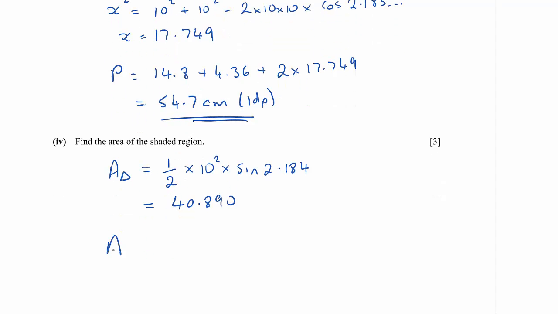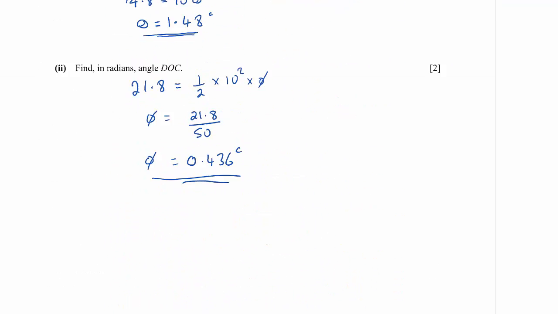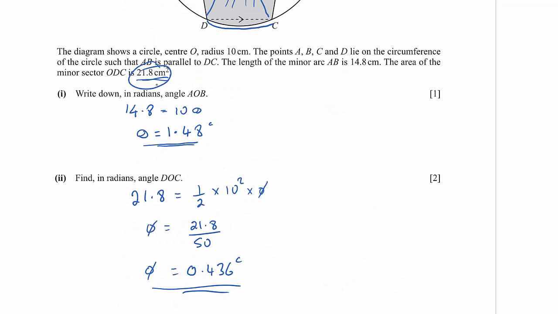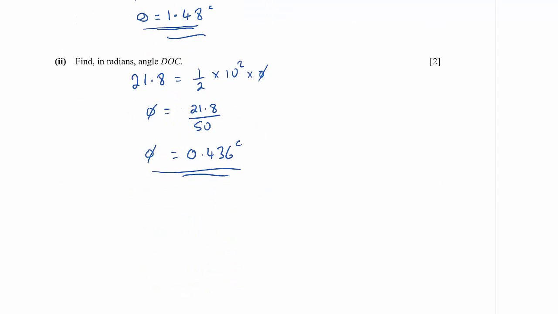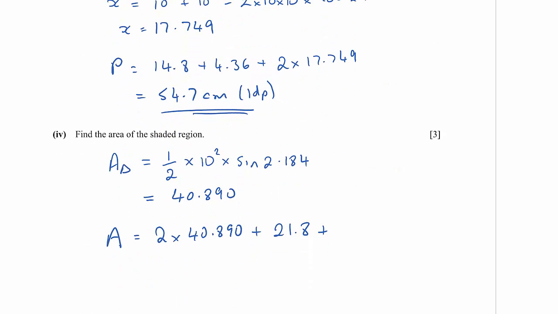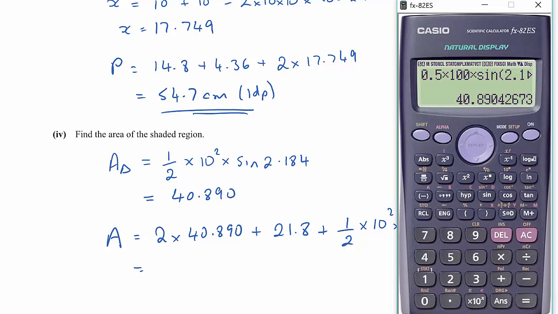And so the area we want is going to be 2 of those, plus the sector that we were given in the first place, which I believe was 21.8. I'll go and check that in a second. So here we are, 21.8. And then the other sector has an angle of 1.48. So we can use a half r squared theta. And so we can calculate that.